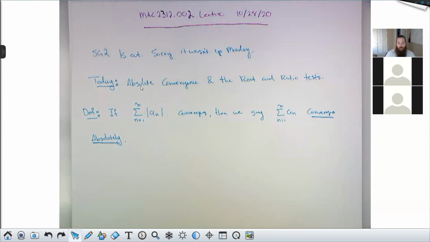So if I tell you a series converges absolutely, what that means is that if you take the terms of that series and replace them by their absolute values, the resulting series is convergent.